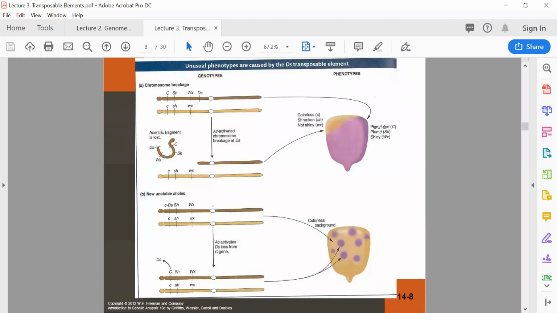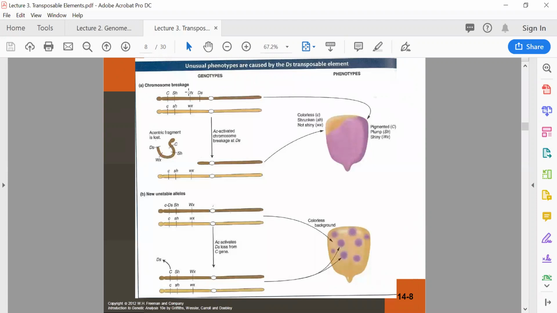When that allele is active, which it is in this case because it's the dominant allele, abbreviated to capital C, that results in a pigmented kernel. Our next allele, capital SH, is the allele that causes the kernel to be plump.